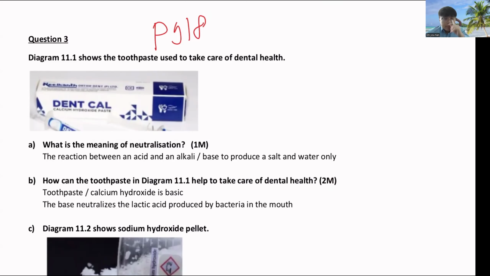I want to complete this question. This one is also a new question. Hope they come out in the exam. The best is exactly the same question. Then you answer once already, then you feel easy. So in toothpaste, we have calcium hydroxide, which is basic. Then after that, the bacteria in our mouth produce acid to corrode our tooth.